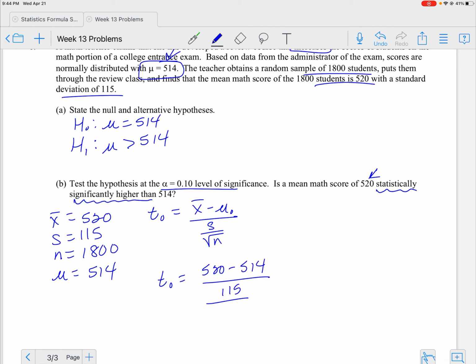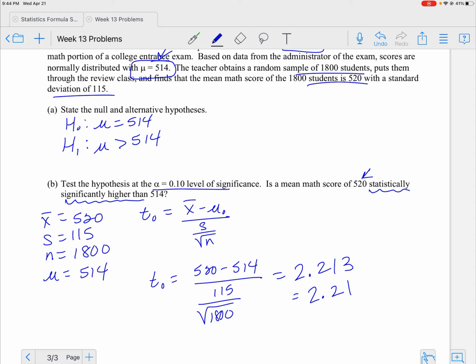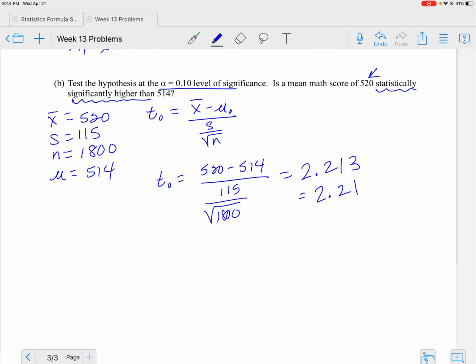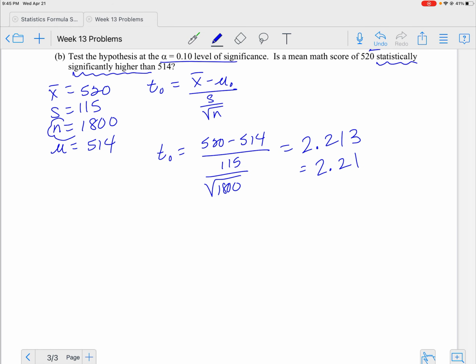Now, when I'm talking about this t distribution, this t value, you always have to have those degrees of freedom. I know that my n here is 1800. Well, my chart doesn't go to that. So when I'm looking at my degrees of freedom, this 1800 that I have, you're supposed to subtract 1, but because my chart doesn't go there, I'm just going to look at the 1000 row.